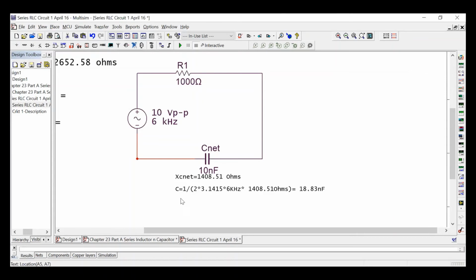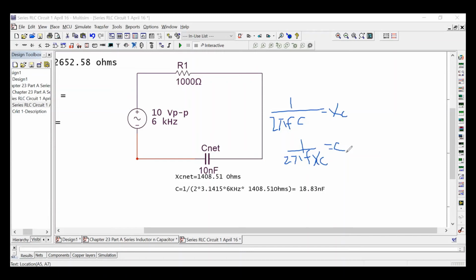Using that same equation we had before, 1 over 2 pi F C is equal to X sub C. What I did is some algebra, and I said that 1 over 2 pi F times X sub C is equal to C.